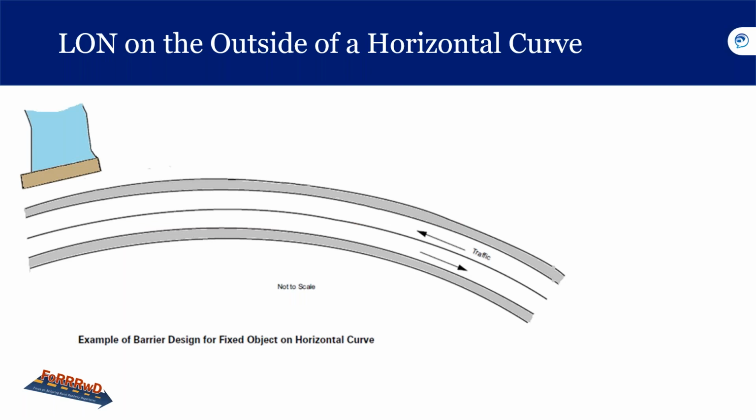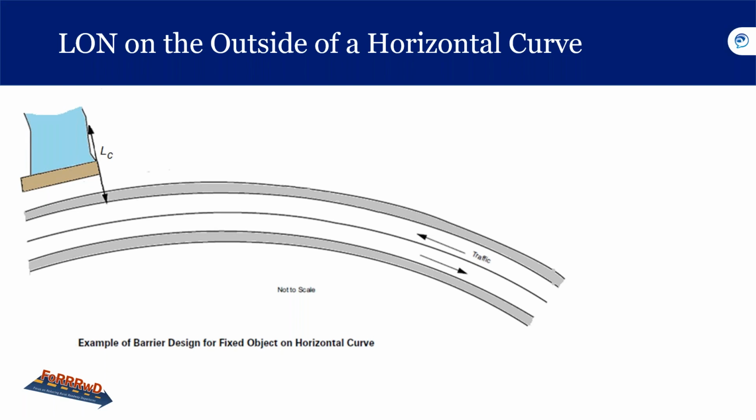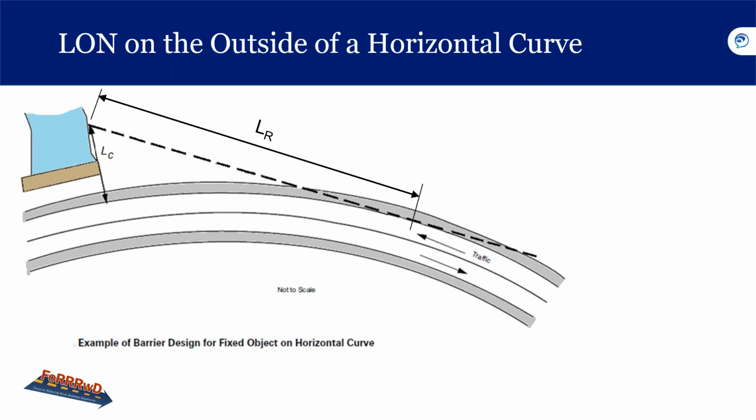So here's the horizontal curve. Example of barrier designed for fixed objects on a horizontal curve. There's the offset from the edge of pavement at that critical part of the curve, and the runout length.